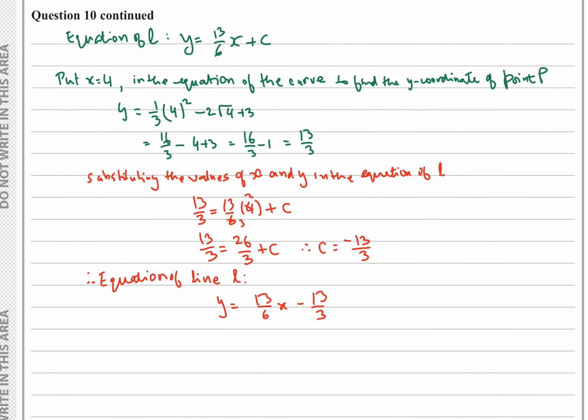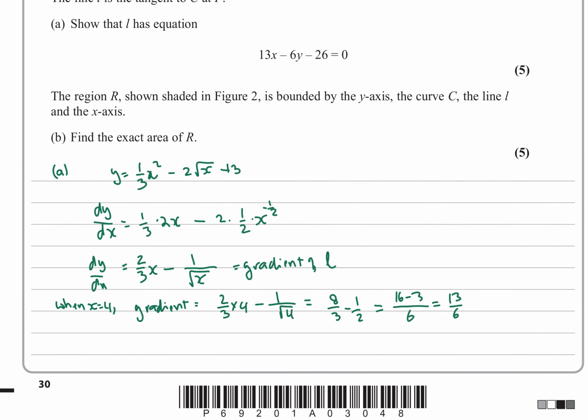If we multiply by 6 throughout, we can say 6y is equal to 13x minus 6 times 13 over 3, so that is 26. So that can be rewritten as 13x minus 6y minus 26 equals 0. And let us check if this is what they have given us.